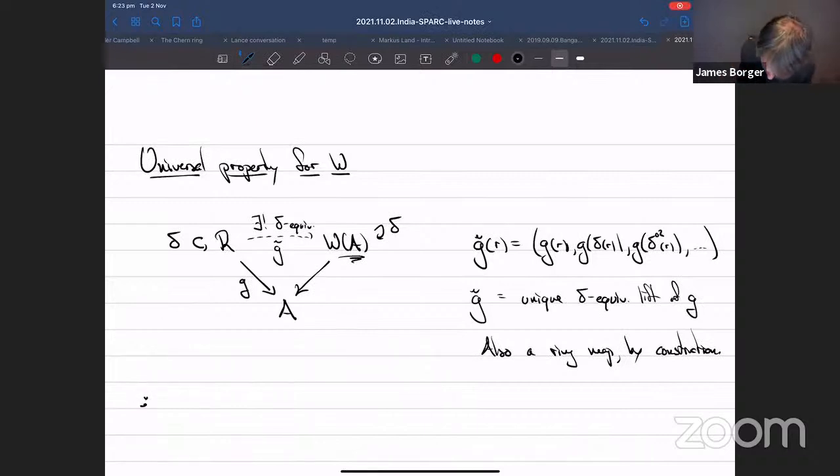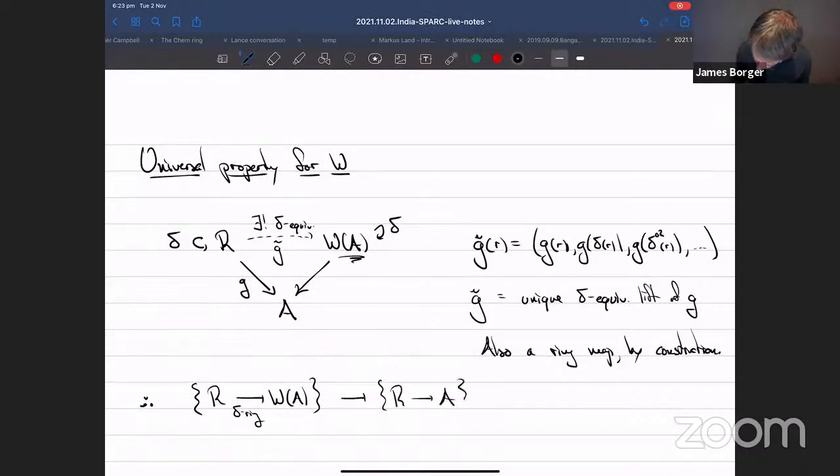So therefore, we have a bijection between the delta ring homomorphisms from R to W of A and the ring homomorphisms from R to A. So R is of course a delta ring, A is just a ring.